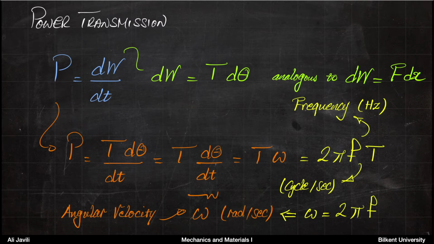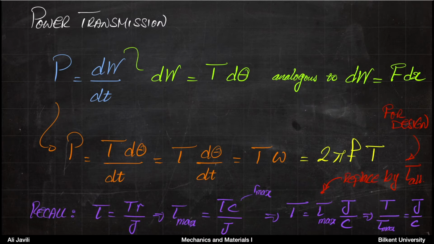Alternatively, you can also write that as 2 pi f T, in which f is the frequency and its unit is hertz. It's cycle per second essentially, or 1 per second. And then obviously the relation between omega and f is omega equals 2 pi f. Okay, so this is all you have to know for the relation between power and T.